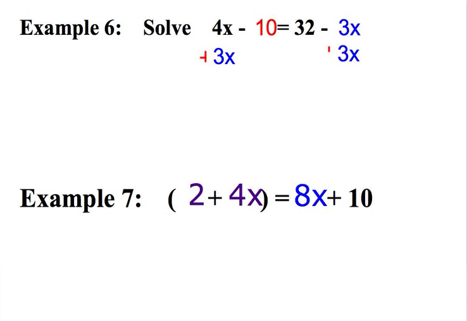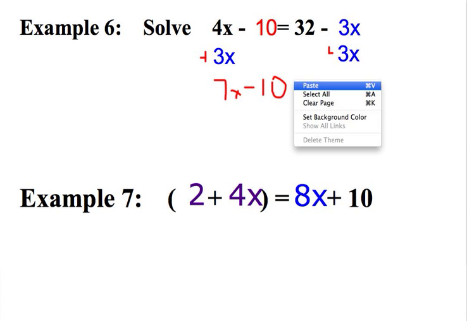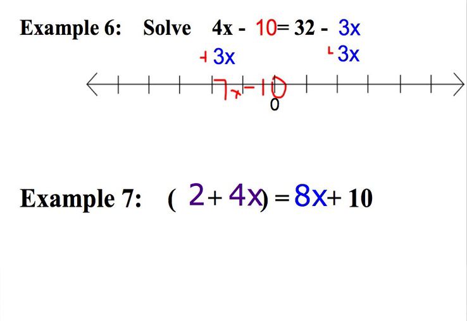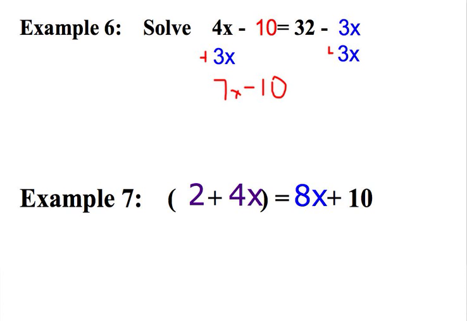So now I'm left with 7x minus 10 equals 32.